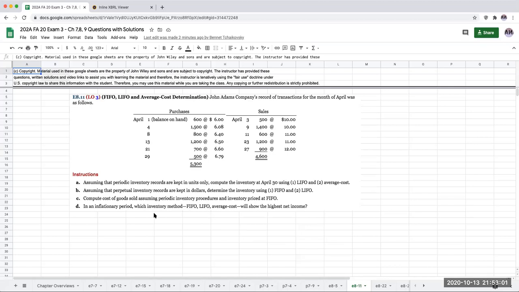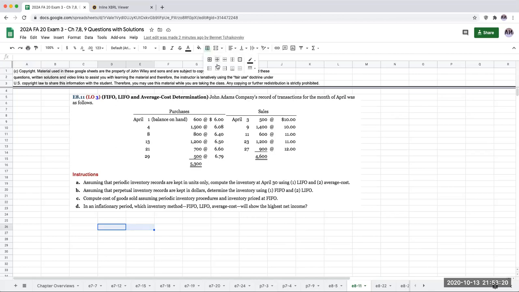Okay, so when I go through and do these types of questions, I'm much more interested in doing this in a logical and methodical way. So when we're dealing with inventory costing, let's just get it down to the raw elements.